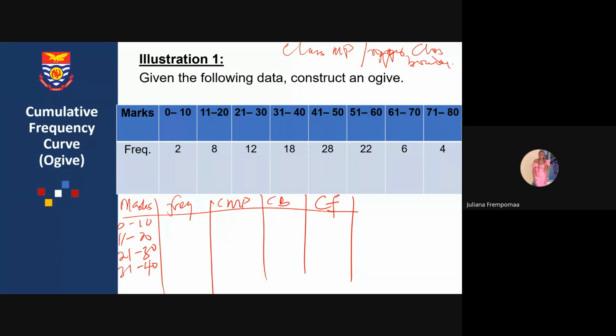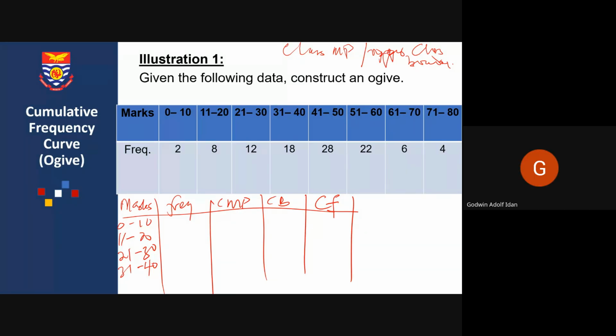The reason is that the marks from one point to the other are different. So from 0 to 10, and then when you come to the next point it is 11 to 20. So it means that we have to change it to class boundary.